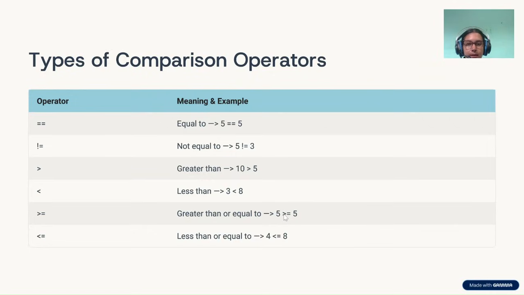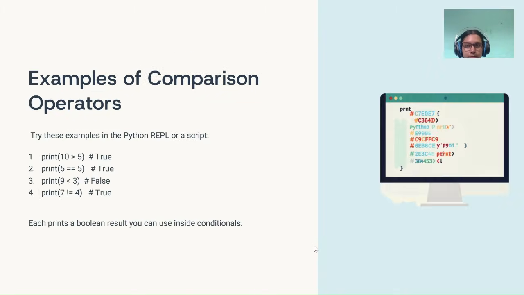But if we write 4 here instead of 5, then it will return false because 4 is neither greater than 5 nor equal to 5, right? The same way less than or equal to works. 4 is less than or equal to 8. It's not equal to 8, but it is less than 8, right? So this will return true as well. There are some examples of comparison operators.